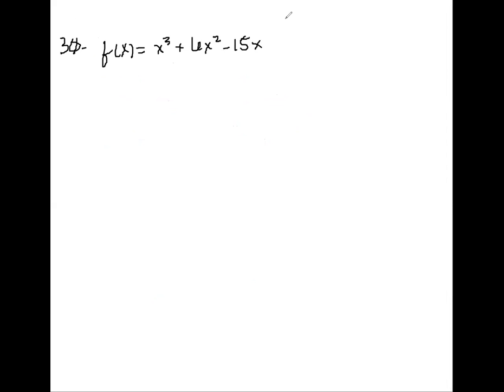What is the first thing I should do? These problems are just asking for the critical points. I think we can go ahead and find what the min and max is at these points. I think that's a fine thing that we can do. So what's my first step?